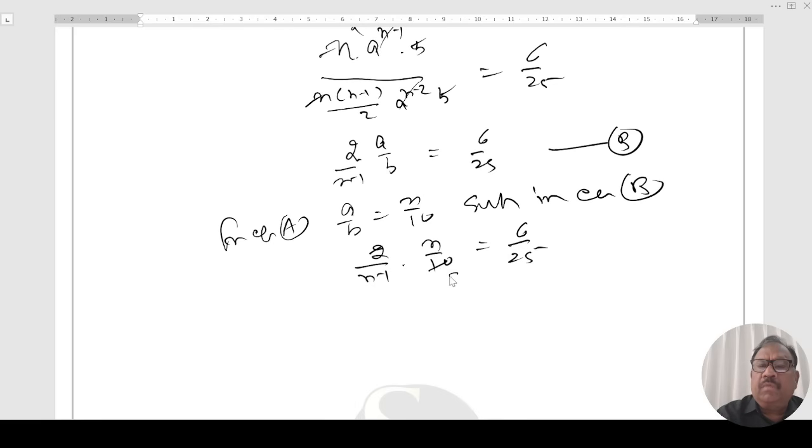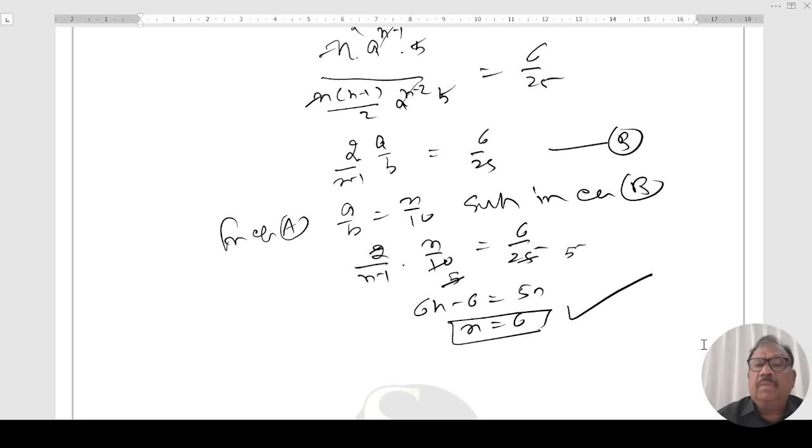This gives 5n equal to 6n minus 6, so n comes out to be 6. The value of n is 6.